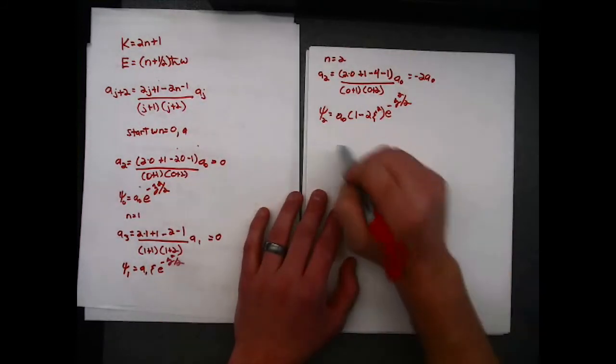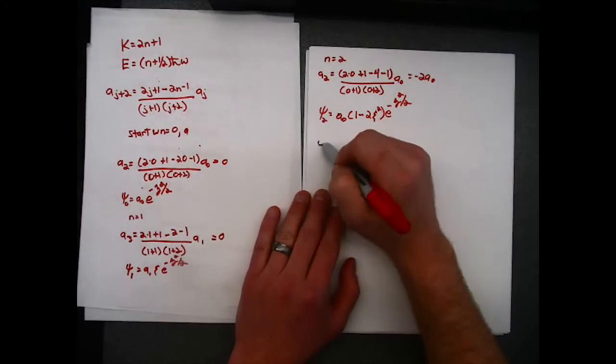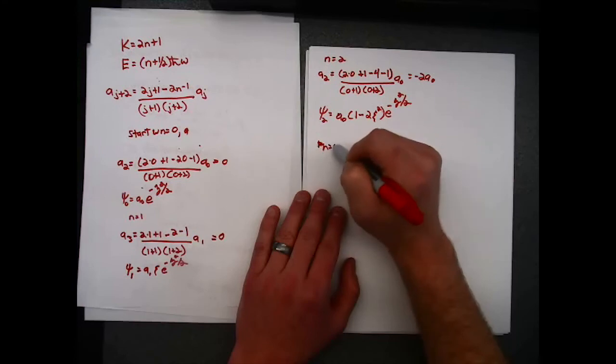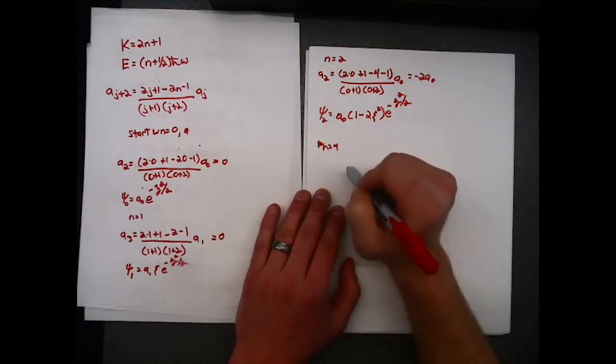And then for psi 3, if we want to let n equal 3, let's do n equals 4. That's going to be better. N equals 4, and let's look for what that's going to be.